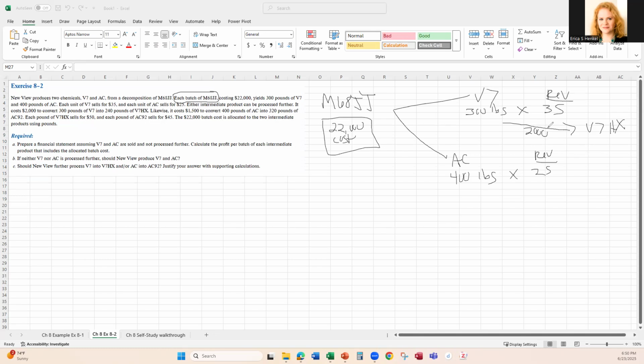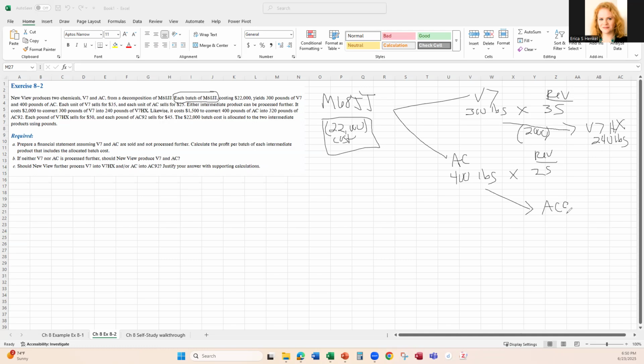I'm going to put that in parentheses here, and do that here also. And that gets us 240 pounds. On these processing problems, sometimes it's handy to write this out like this so that you can see where everything goes.